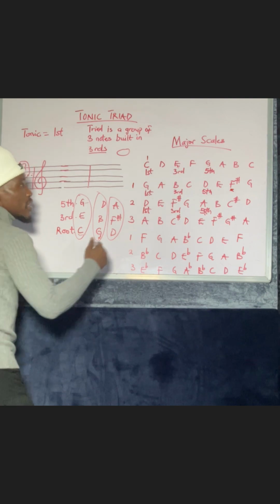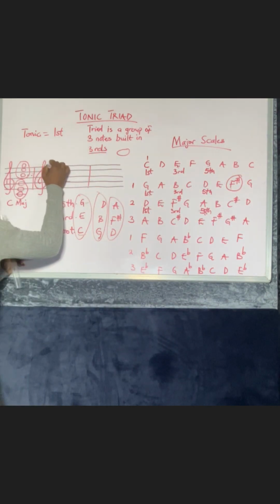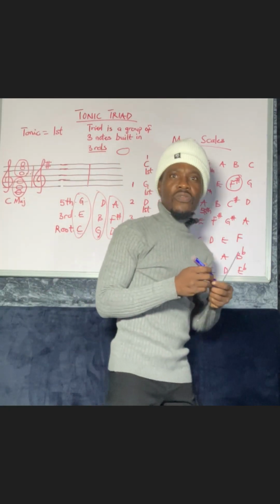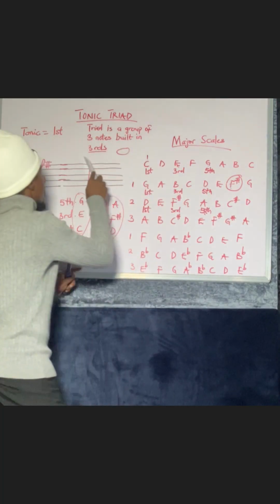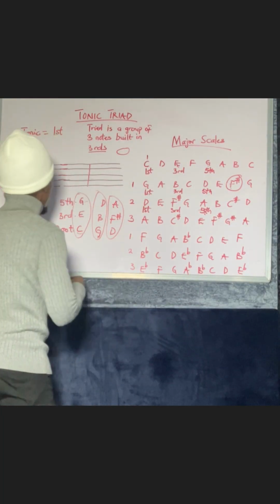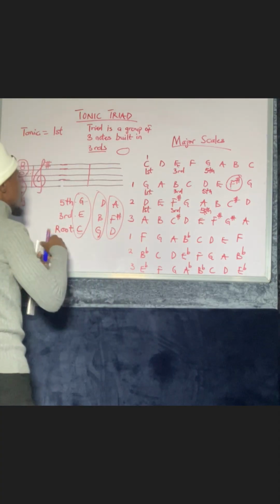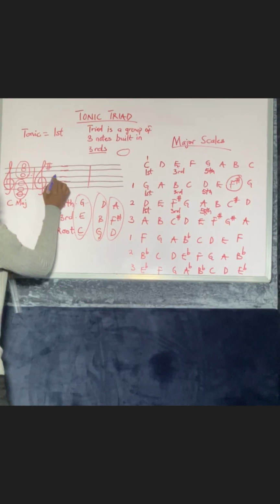For G major, this guy has to be represented on the fifth line. Why am I putting that on the fifth line? Because this F is the fifth line of the staff. Now, where is our G in the staff? Our G is on the second line. So here, my G goes here, second line.